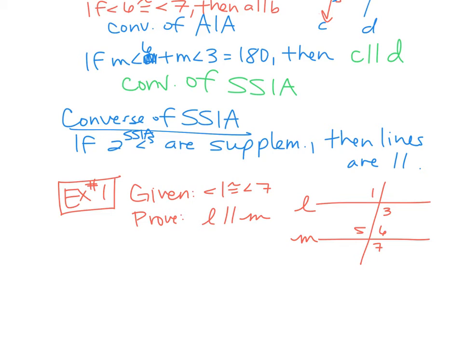So if it helps you to see it, go ahead and just mark that. Mark what you know in your proof. So we know 1 congruent to 7. Where do we start with our proof? The given, right? Which was 1 is congruent to 7. So we're going to say angle 1 is congruent to angle 7 because it's given.